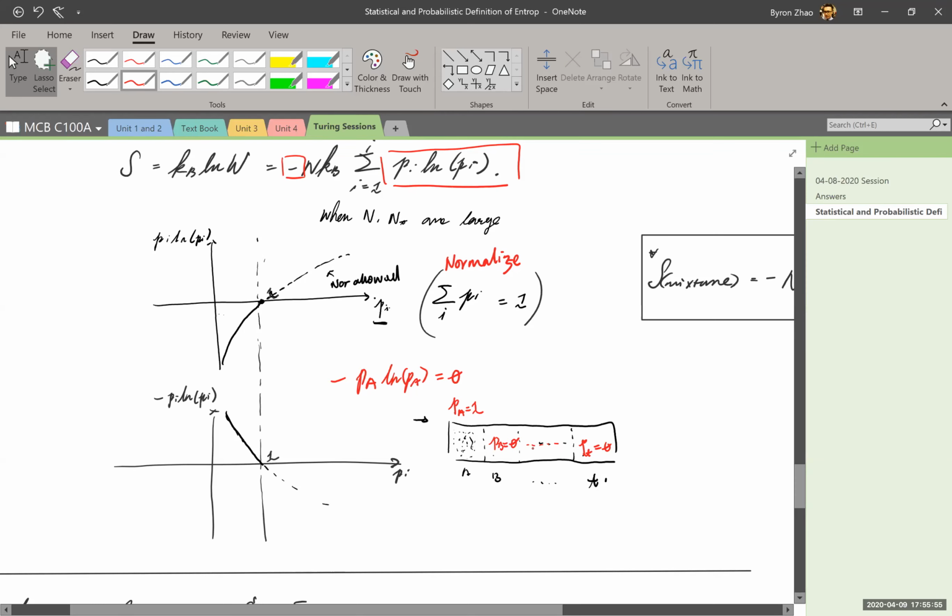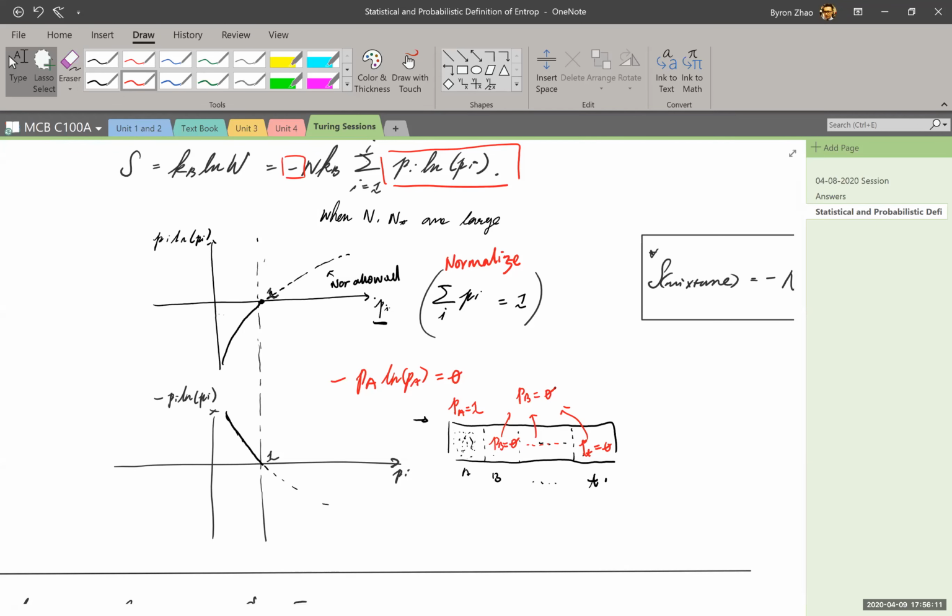And for all of the other terms, for example PB to PT, all of these terms will also equal 0 because we cannot find any molecule in those boxes.